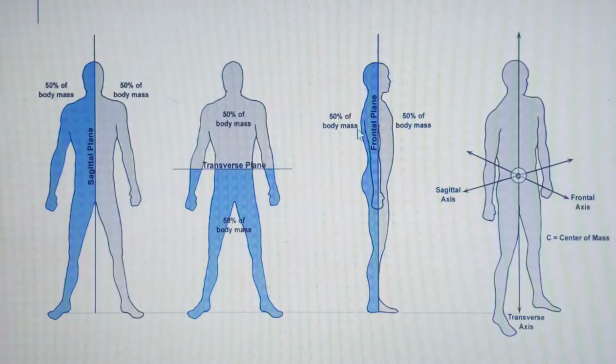Any other plane apart from these three that we've seen, running obliquely, is known as an oblique plane. So that is one thing that we have to know. The sagittal plane, the frontal plane if you divide it this way, and then of course the transverse plane running this way.